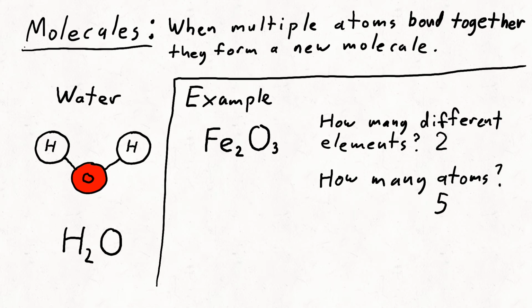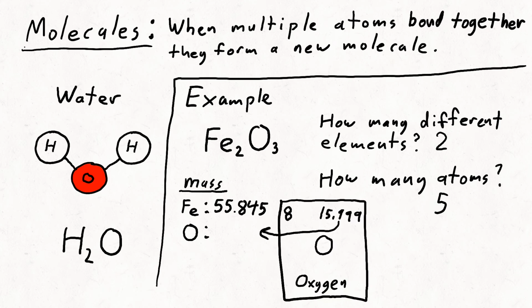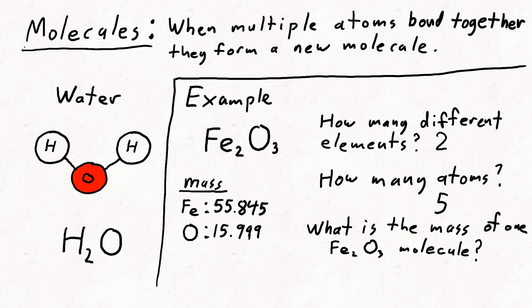To find the mass, first find the atomic mass of each atom. List the atoms Fe and O. Now look in the periodic table at Fe to find that iron has a mass of 55.845. Next, the box for O shows that oxygen has a mass of 15.999. So what is the mass of one Fe2O3 molecule?